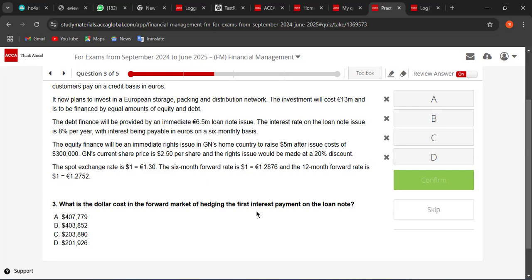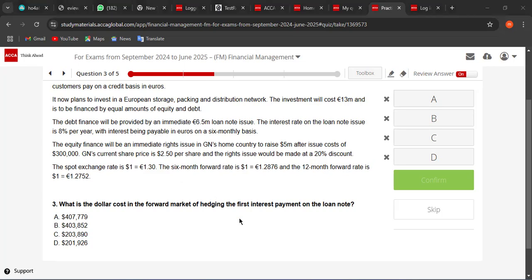Guys, what was the loan? 6.5. The interest on the loan was 8%, with interest being payable in euros on a 6 monthly basis. So 6.5 into 8% into 6 divided by 12. How much is that amount coming? How are you going to solve it now?